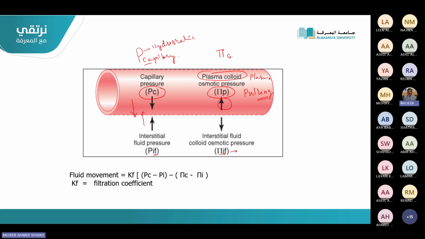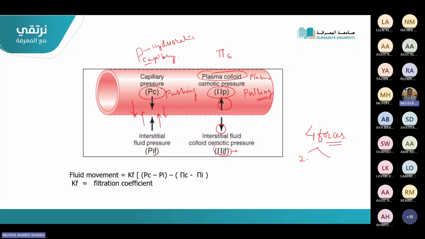See here, it is in this direction, whereas interstitial colloidal osmotic pressure is in this direction, pulling pressure. Similarly, hydrostatic pressure is a pushing pressure. It will push the water into the interstitium, whereas interstitial hydrostatic pressure will try to push here. Now, these are the four forces.